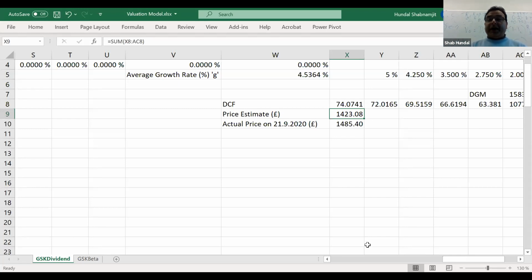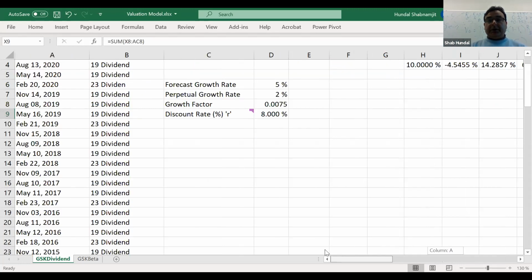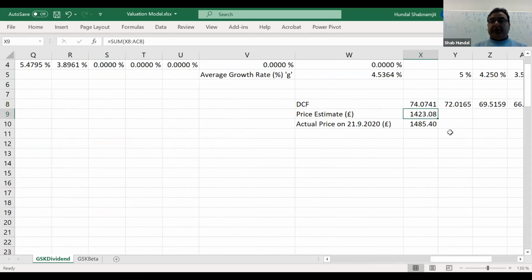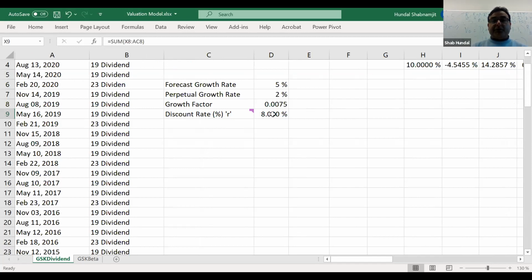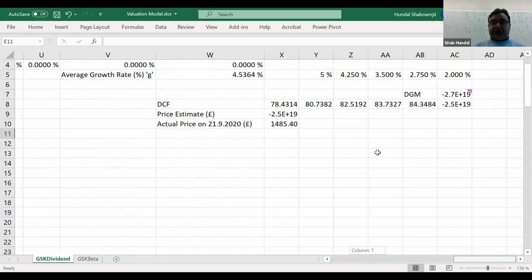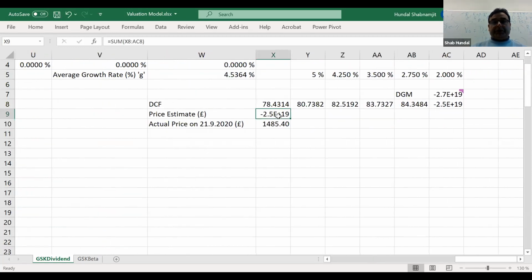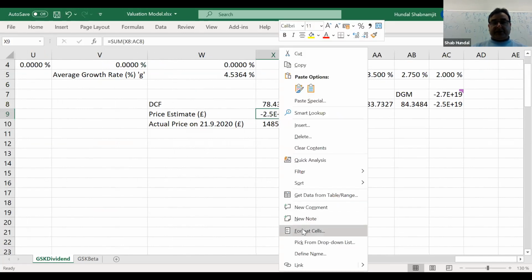So now when I become more conservative, more pessimistic, I find that if my fear turns true, then GlaxoSmithKline would be undervalued in comparison to what we have today. And if I become very flamboyant, very optimistic, oh, the good time is there, then it becomes too much. Look, the value is so big. If I change the number of decimals, it will go very high.